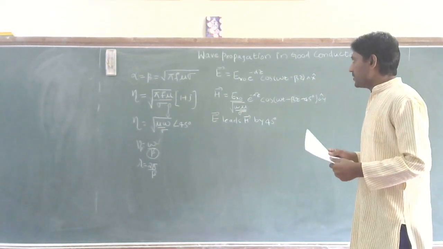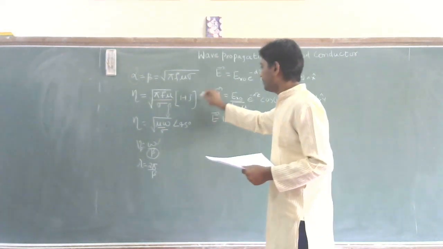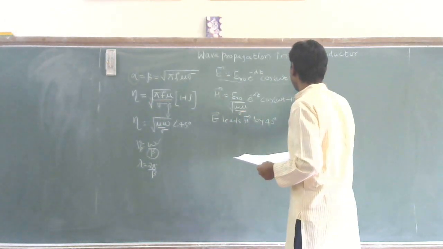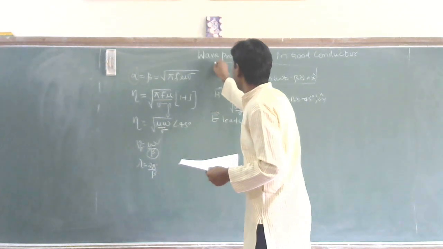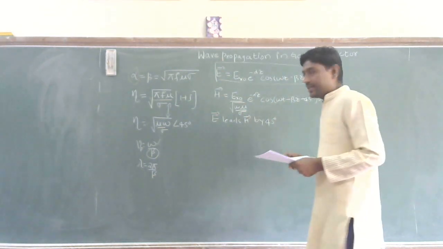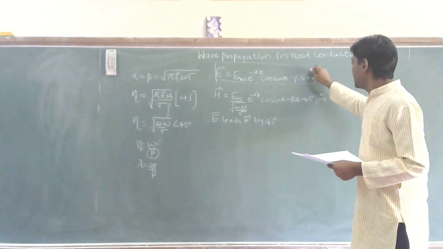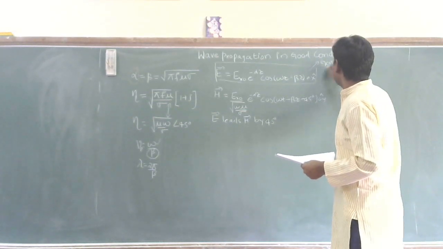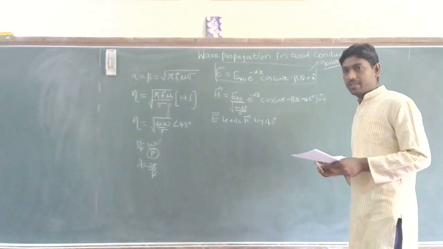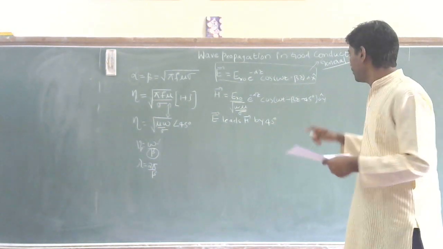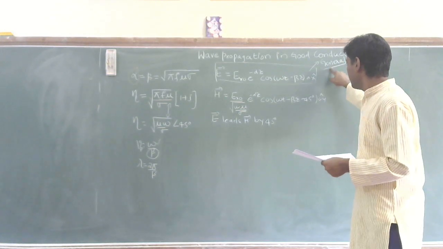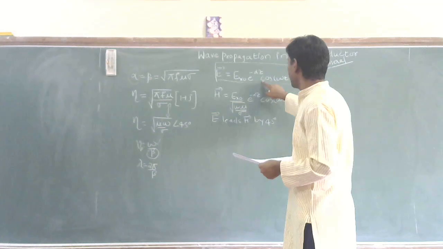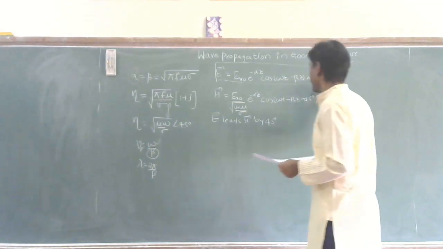Okay, so next, from these characteristic parameters, we can write the expression for the electric field. I have referred to this general medium because we know what the electric field is in a general medium, which is given by Ex naught e to the power minus alpha z cos of omega t minus beta z ax.